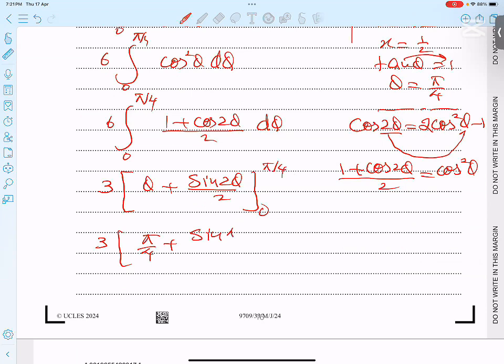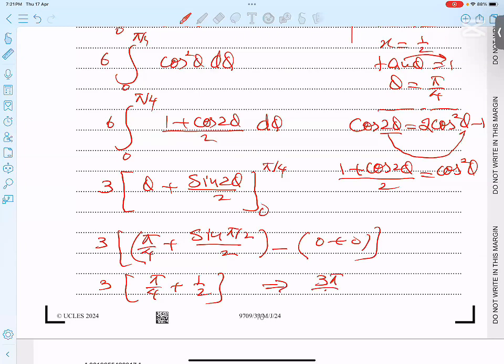I get pi by 4, and sine pi by 2 is 1. And then minus, sorry, 1 minute. When I plug in 0 here and here, 0 plus 0 is 0. And now pi by 4, and this gives you 1 over 2. So 3 multiply inside, and finally I got 3 pi by 4 plus 3 by 2.